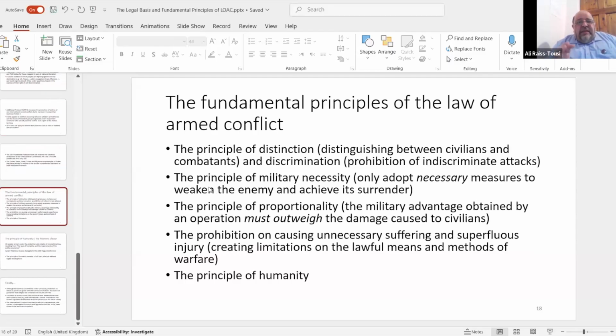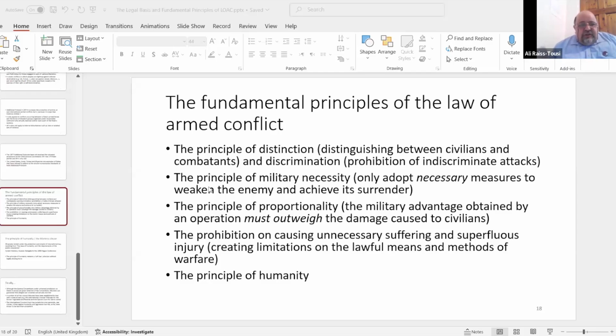So Gail did mention at the very start and the introduction that the law of armed conflict is based on some fundamental principles. So the principle of distinction. If you're fighting a war, you have to distinguish between the civilian population and between combatants. Combatants can be legitimately targeted.